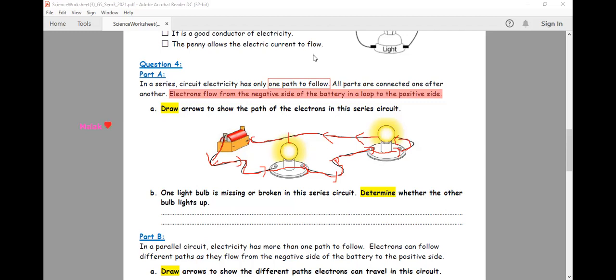Someone else, Ibrahim. Sorry, Ibrahim, do you want to try? Miss, can I? Yalla, Hani. Show us how you will draw the pathway for the electrons in this circuit.